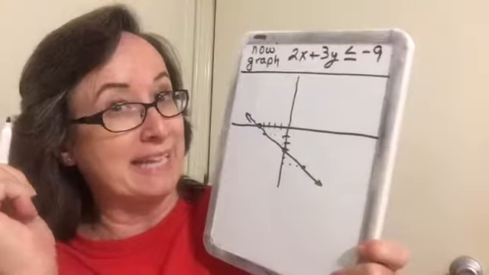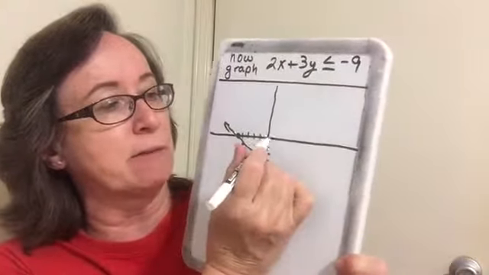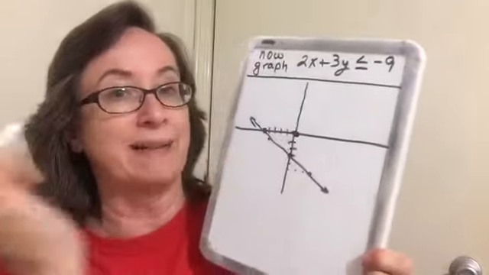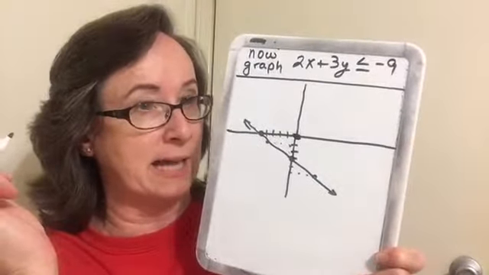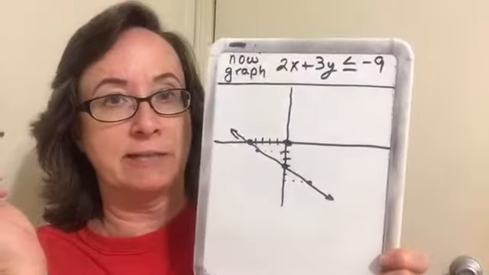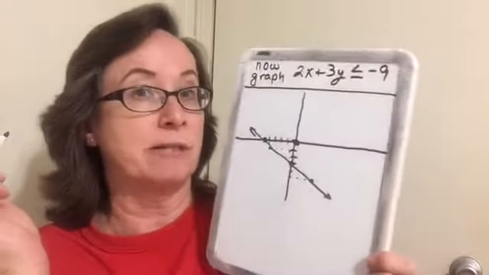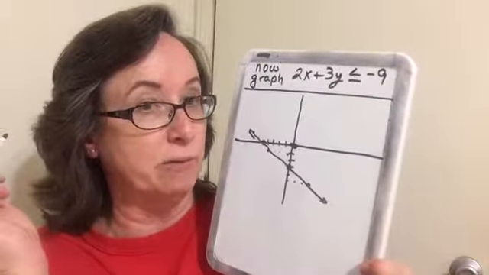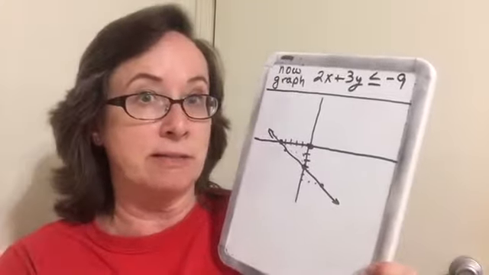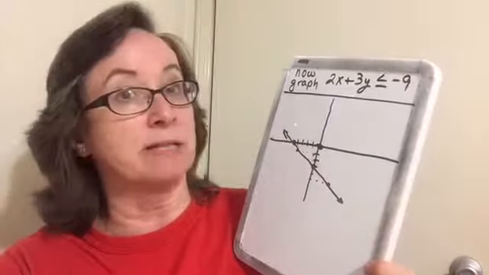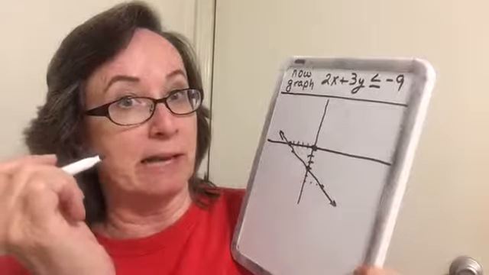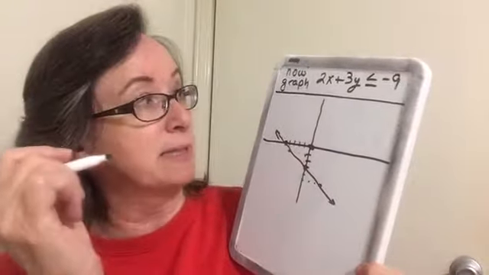I'm going to pick the easiest test point, which is 0, 0, because 0, 0 is not on my line, and therefore I can use it as a test point. If 0, 0 makes my inequality true, then I will shade towards 0, 0. If 0, 0 does not make my inequality true, then I will shade away from 0, 0.